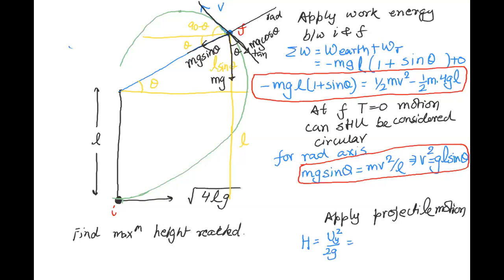So in this case, it must be v square cos square theta by 2g. And what is this maximum height that I am actually calculating? This maximum height is this height. What is the maximum height reached by the projectile? This height.